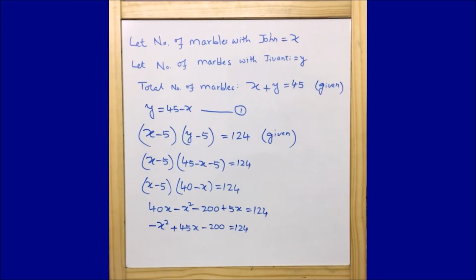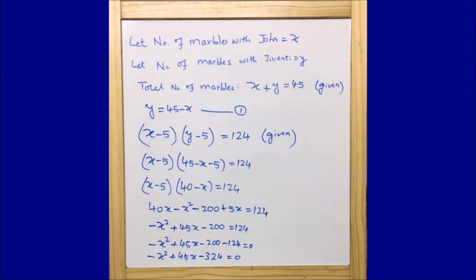Now let me move this 124 here: minus x square plus 45x minus 200 minus 124 is equal to 0, or minus x square plus 45x minus 324, because minus 200 and minus 124 add up, is equal to 0. So we got a quadratic equation as minus x square plus 45x minus 324 is equal to 0.